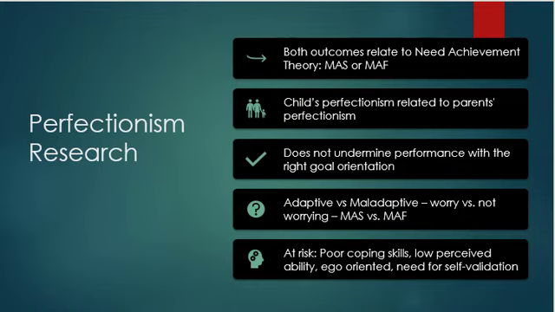And we have strategies that we'll discuss throughout this semester on how to guide people to build confidence, to have a higher perceived ability, to improve their coping skills, to be less ego oriented and more task oriented. And lastly, to take out the need for self evaluation based on performance, but rather effort and attitude and a growth mindset.